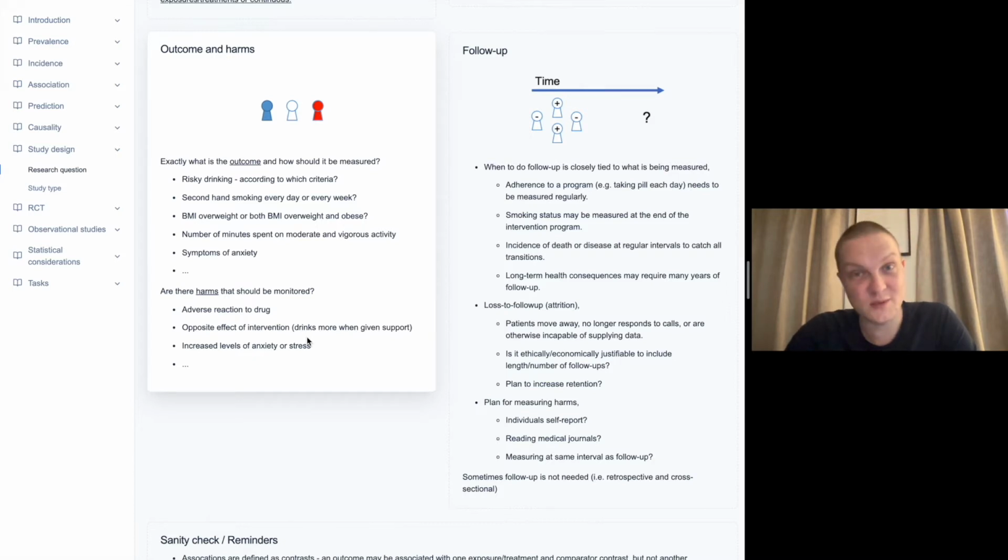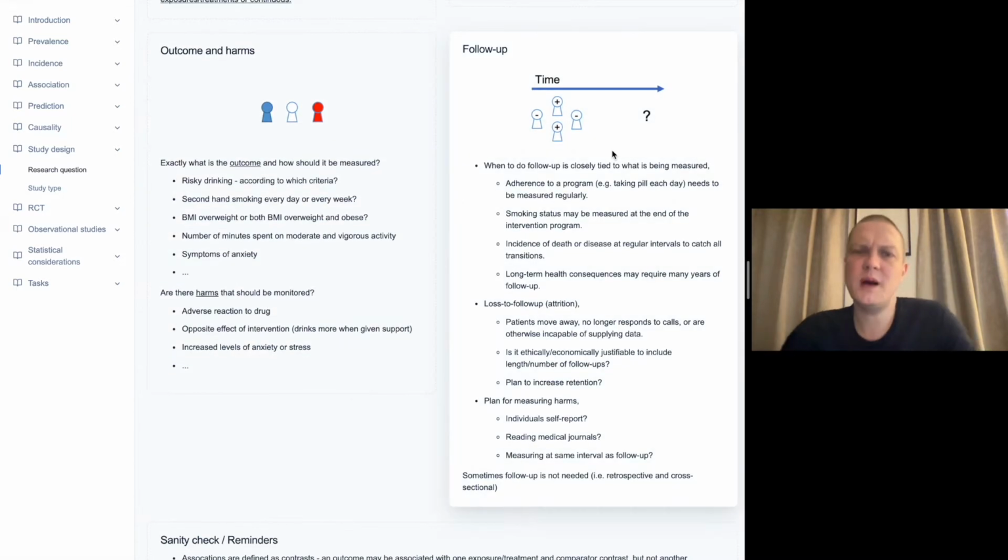The intention was for them to drink less, but it actually supported their drinking. Increased levels of anxiety and stress are not unusual to come across when it comes to, for instance, behavior change. If you've been smoking for a long time and use it as a de-stressor, the first few weeks without cigarettes can be quite stressful. So harms is something that should all be considered alongside the outcomes that you're actually looking for, the more positive outcomes.